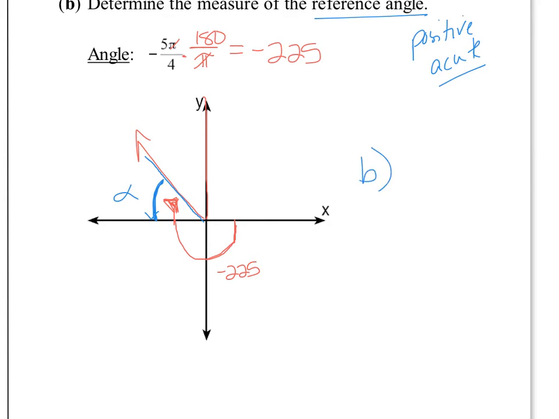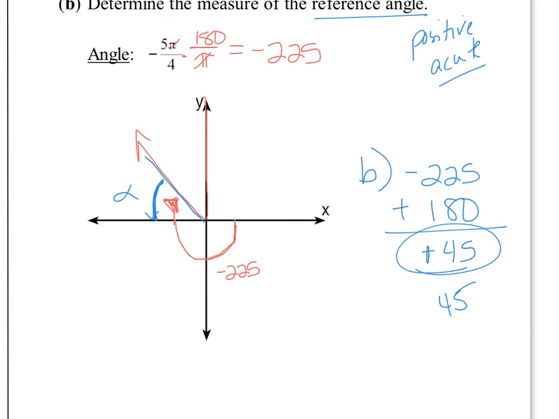The measure of this would be negative 225 plus 180. That's negative 45, but it should be positive 45.